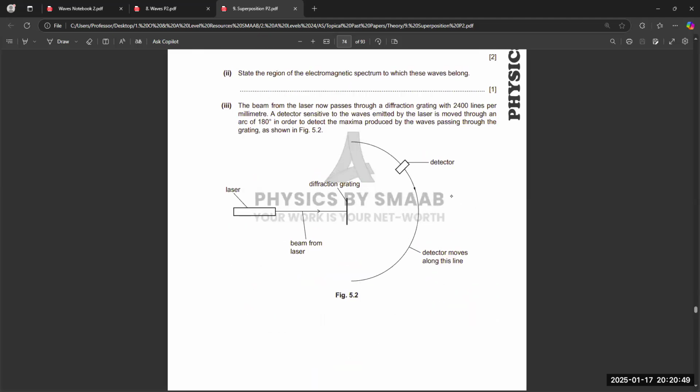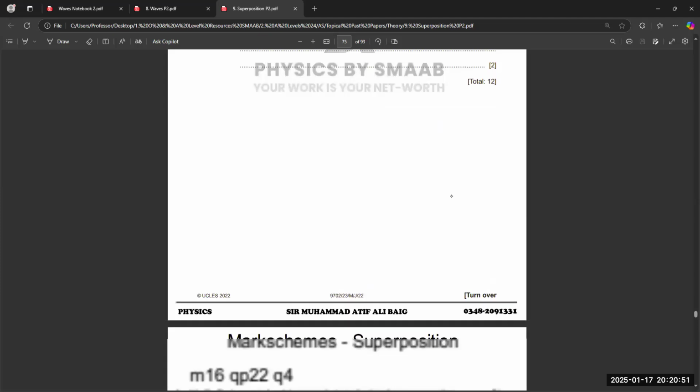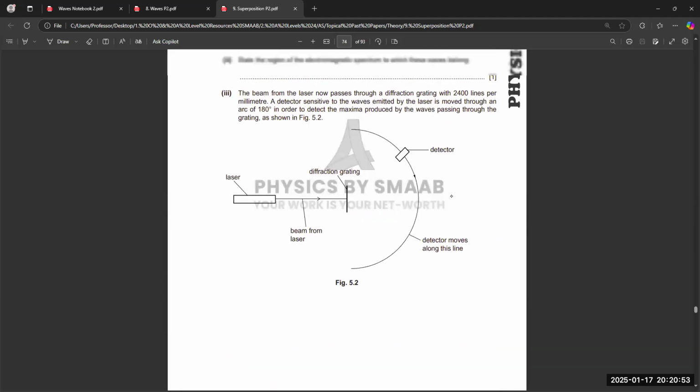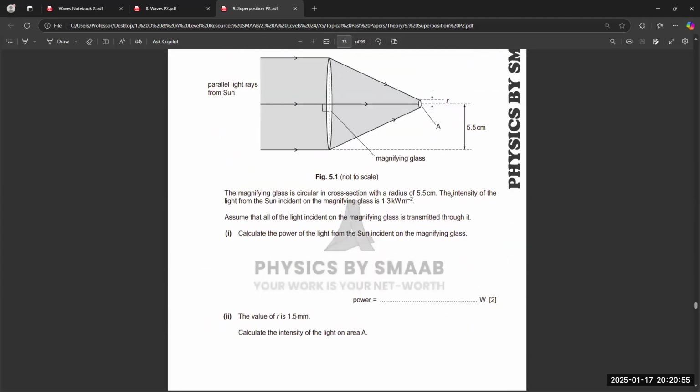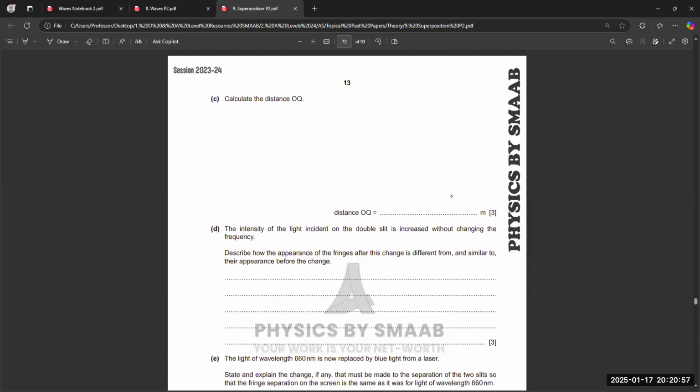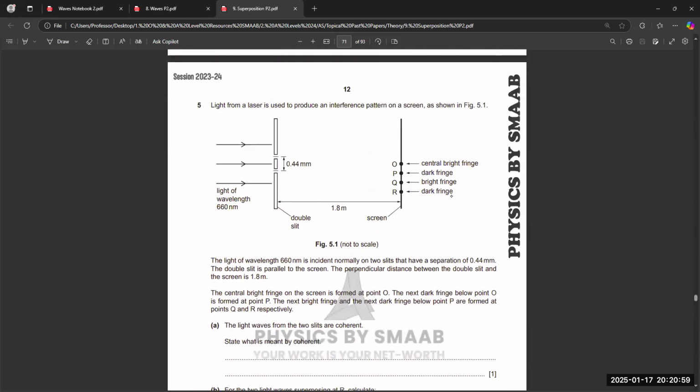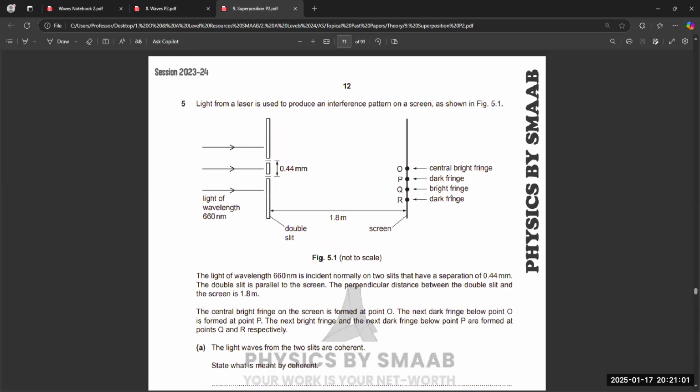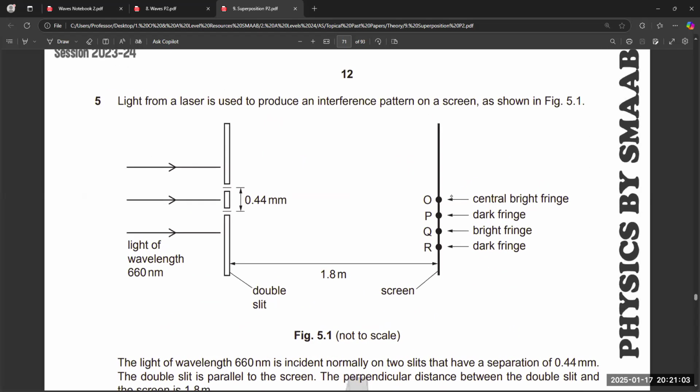You can see this is from diffraction grating, the whole question from diffraction grating, and this is from the Young double slit experiment. So let's see what they are asking in this question.